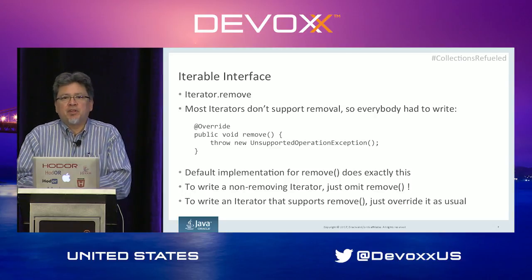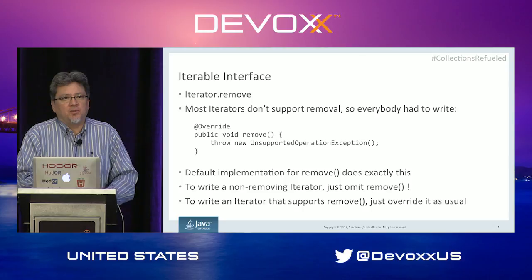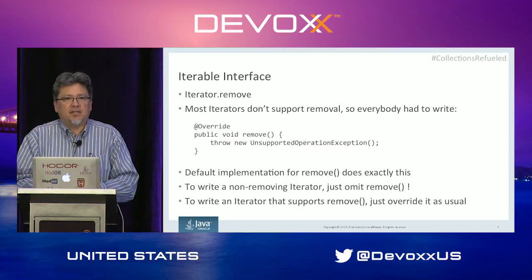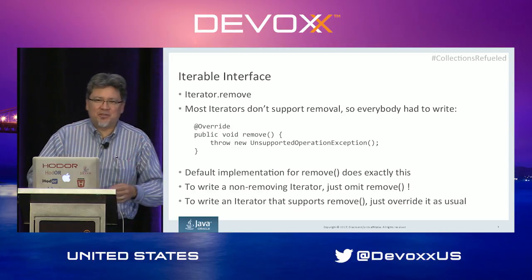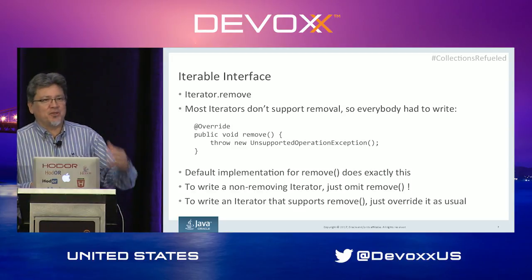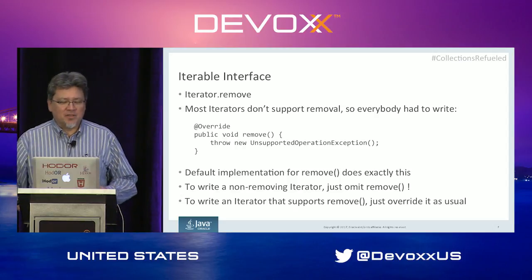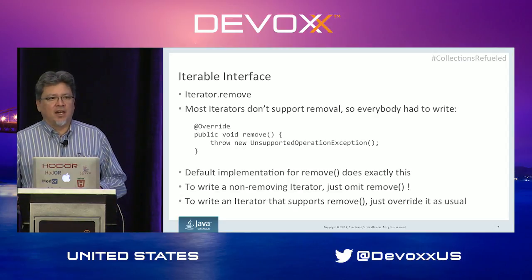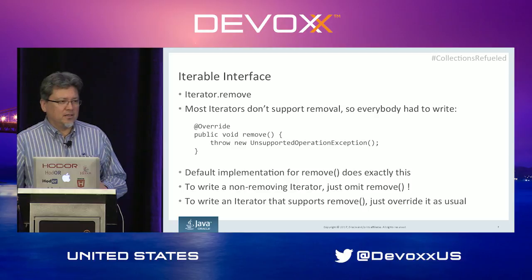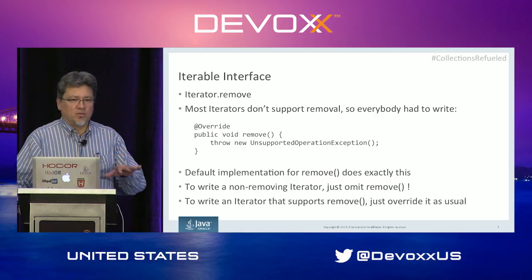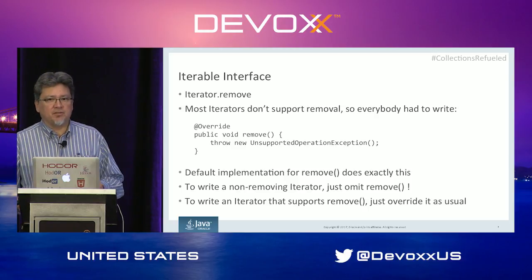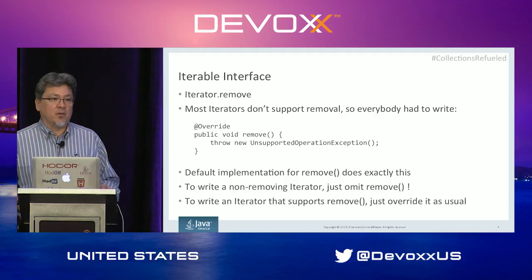All right, continuing on. Actually this is Iterator, not Iterable. If you've ever written an iterator, you had to write a hasNext method and a next method, and oh, that's right, you have to also write the remove method. Well, I don't want to support removal, so you always wrote throw new UnsupportedOperationException. And so now there's a default method on Iterator called remove. There's a default implementation which simply throws UnsupportedOperationException.